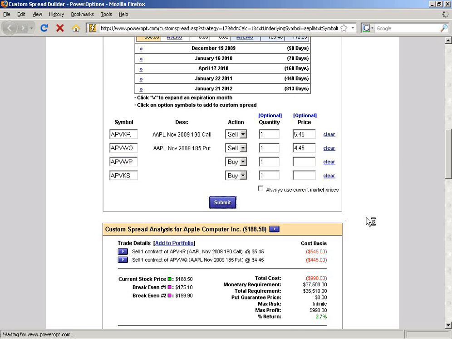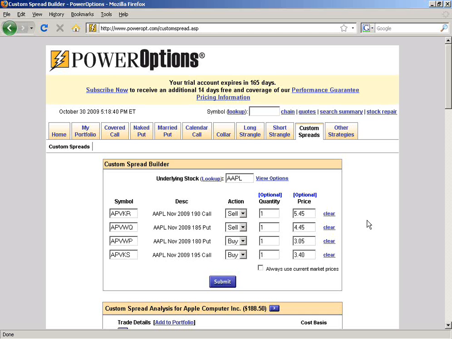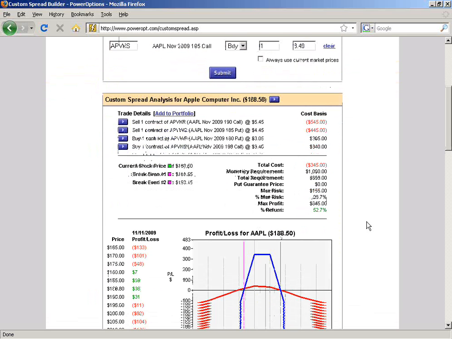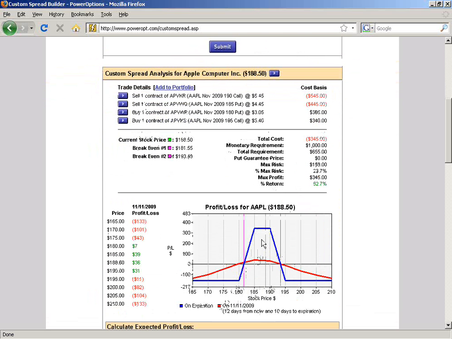But let me convert this into the iron condor trade by adding an outside call leg and an outside put leg. All right, now we have a little bit different profit and loss chart. I'm still risking a fair amount. I've cut my maximum profit, my monetary profit down from $990 down to $345, okay?